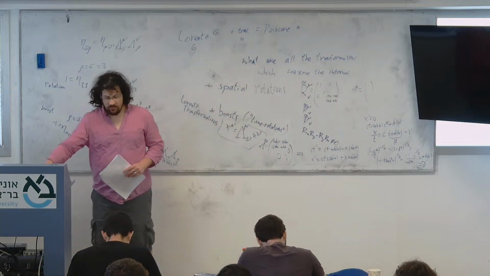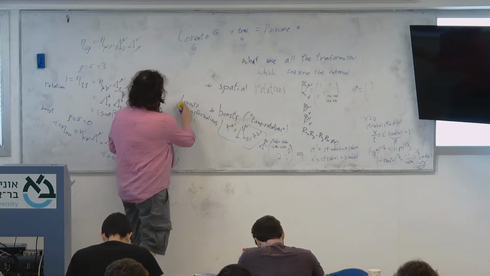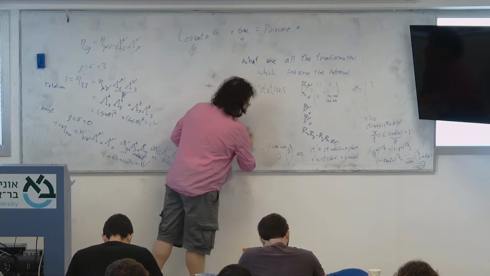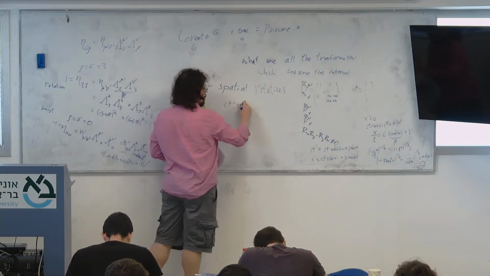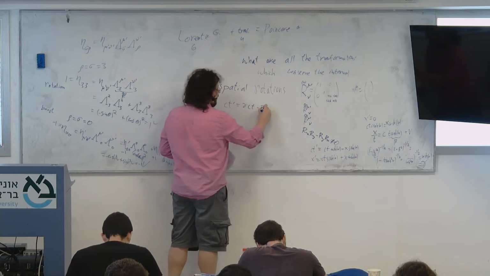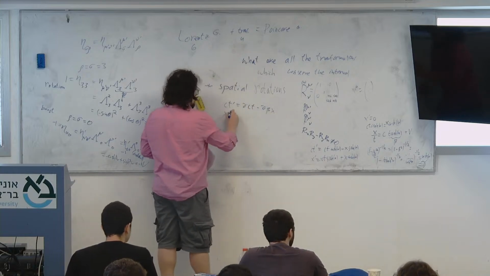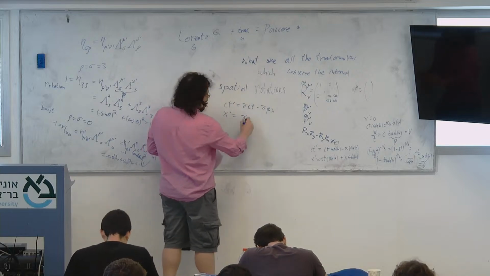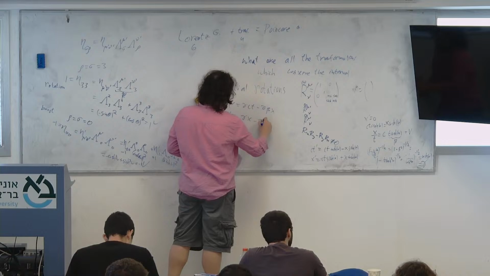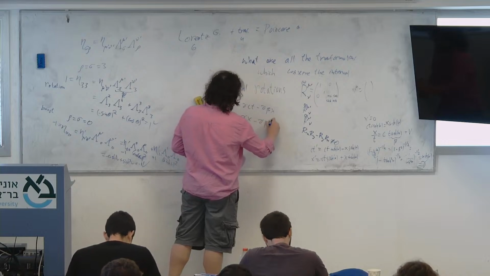And of course, that means that you can innocently write the transformation as ct prime equals gamma ct minus gamma beta x, and x prime equals what we have here, gamma x minus gamma beta t.